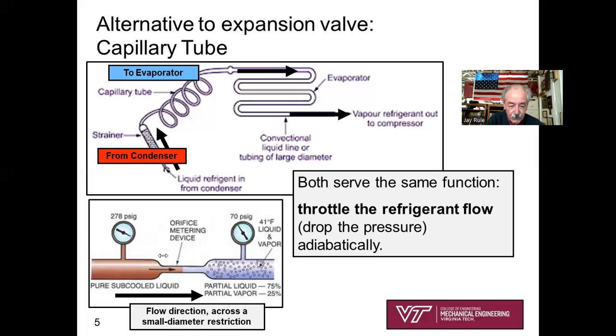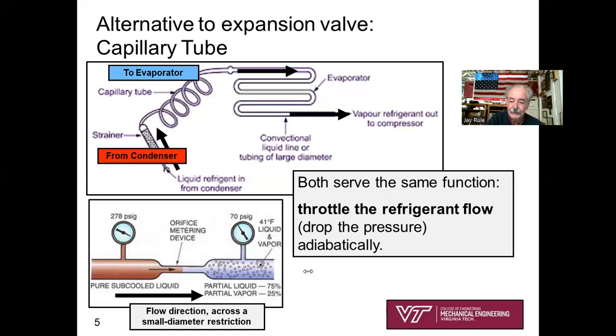This is a pretty good look at what you've got here. You've got a saturated liquid. Here it says subcooled liquid. Saturated liquid at a very high pressure, a capillary tube or a restriction in the line, very small diameter, and that's what causes the pressure to drop, showing 278 pounds down to 70 pounds, and that's what causes the phase change substance, the refrigerant, to get very, very cold.